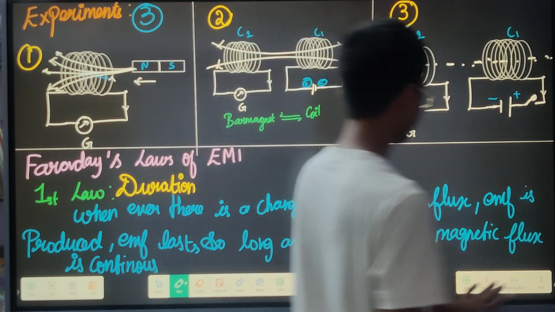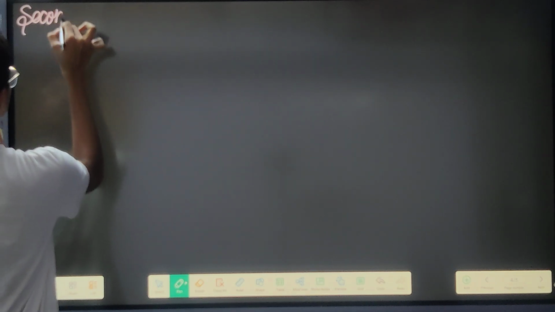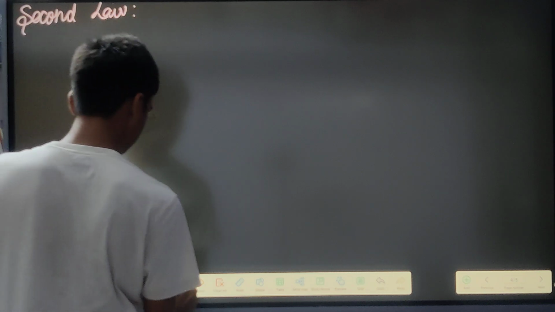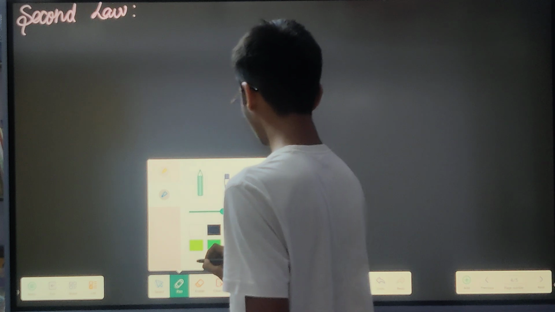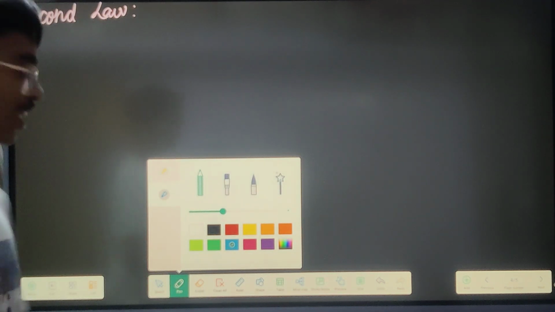Now the next law is your second law. Your second law is actually very simple. It is just like Newton's second law.